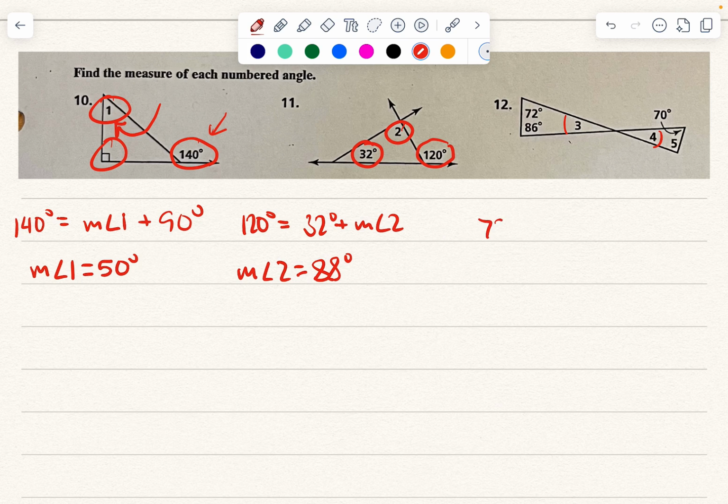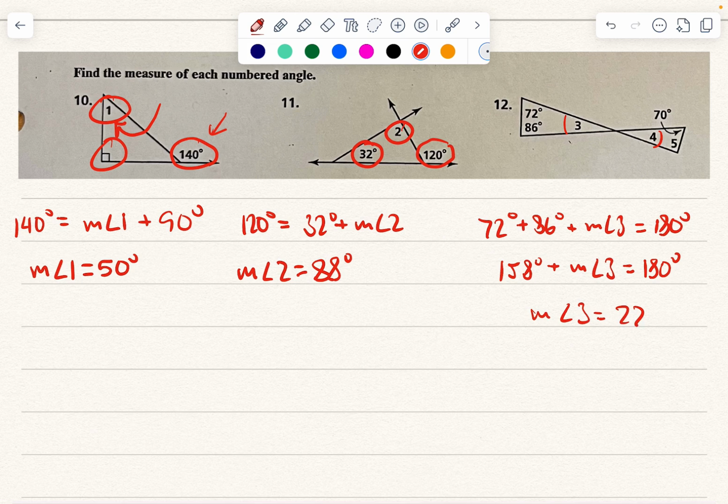Okay, we know that 72 plus 86 plus the measure of angle 3 must add up to be 180. 72 and 86 is 158 plus the measure of angle 3 adds up to be 180. If I subtract the 158, I get 22 degrees. Measure angle 3 has got to be 22 degrees, which means that the measure angle 4 has got to be 22 degrees because they're vertical angles.